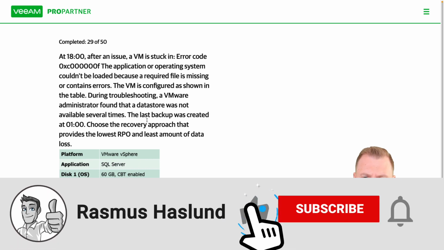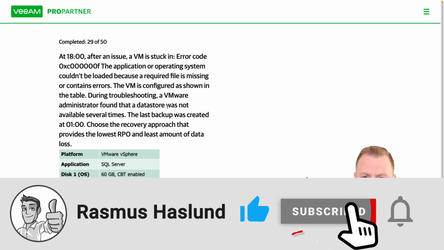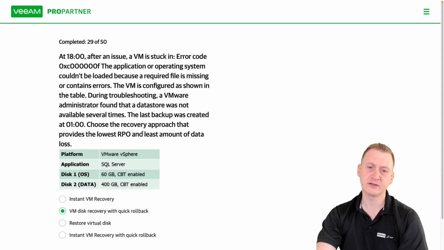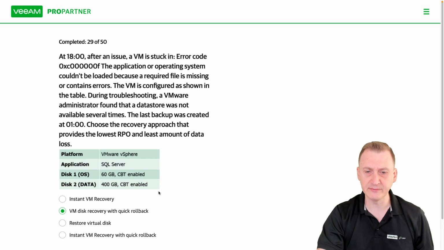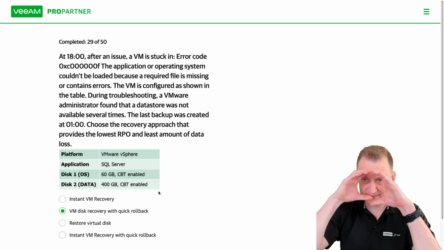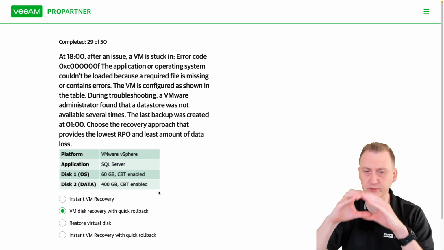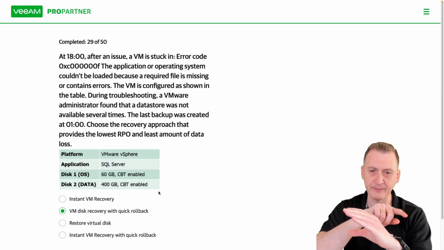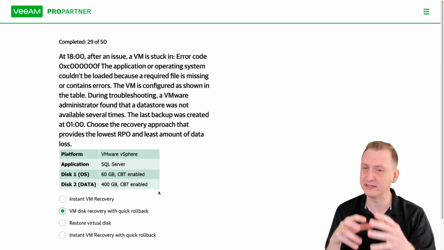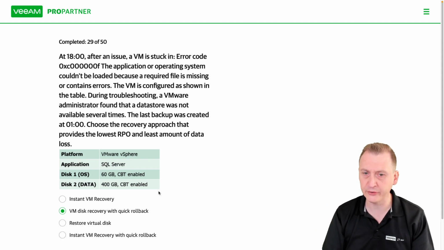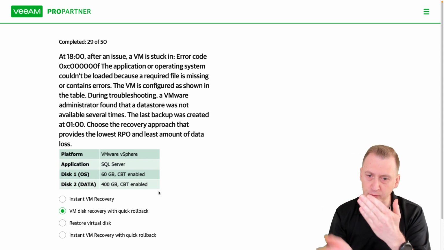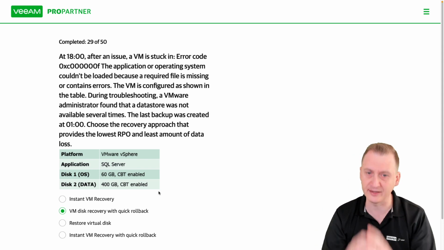And the problem, of course, is that we don't know why the data store was not available. So the way to think about quick rollback is if something bad has happened inside the virtual machine, we can safely use it. But if the thing that happened was outside of the VM, in this example, it could be a power outage, a storage problem, something like that, or in this case, the data store, it's something outside the virtual machine, it's not inside.